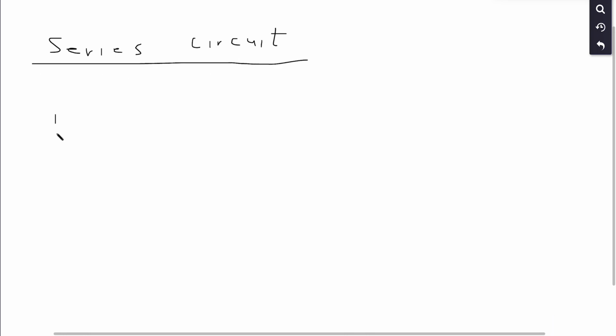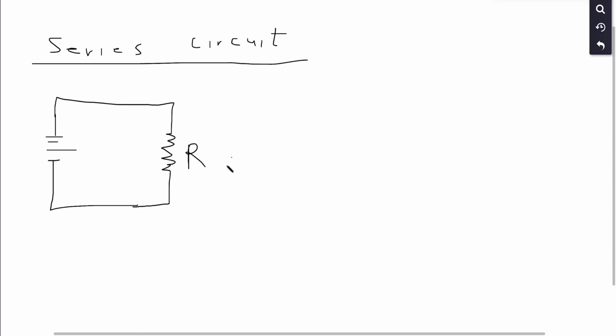If we have a voltage source here, we can have a resistor here. We can represent this with an R, and then we can represent this with a V. And this is what a series circuit will look like.